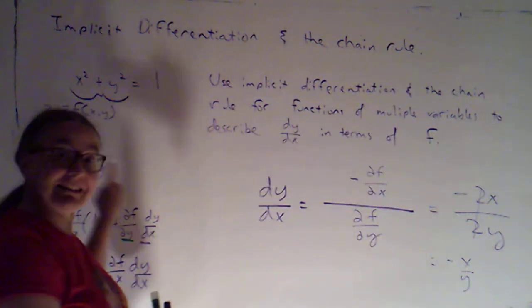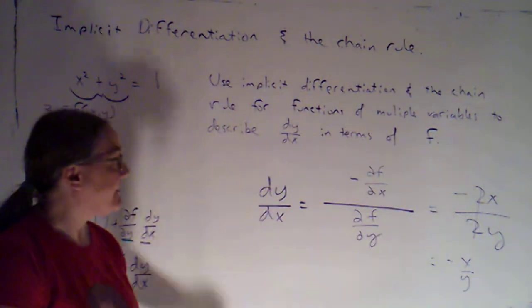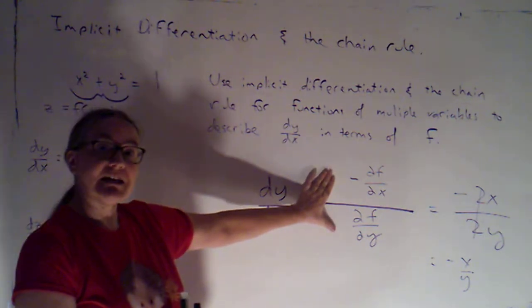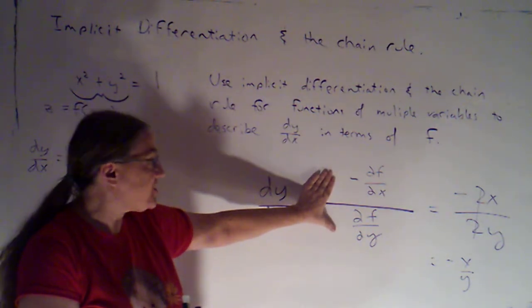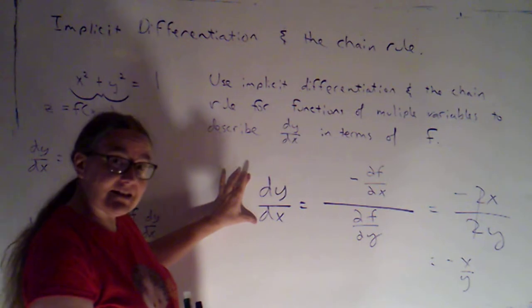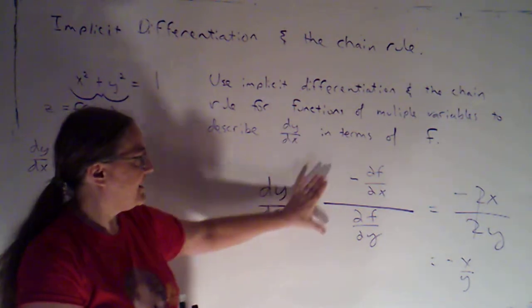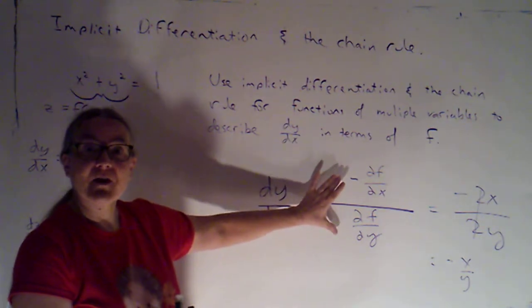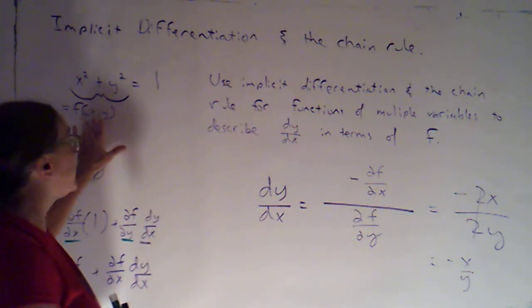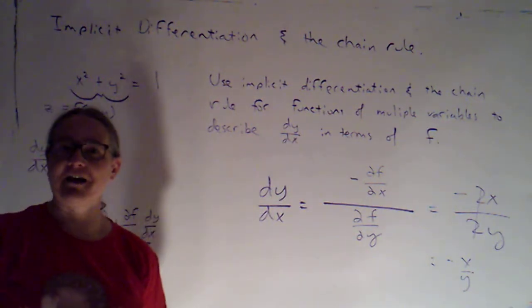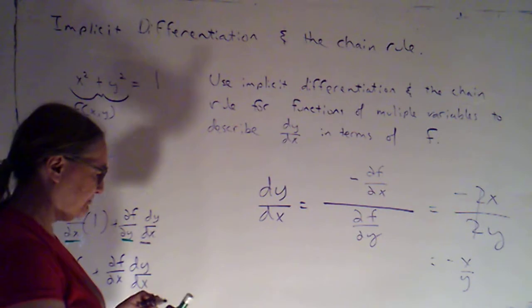And of course I can cancel those 2's and then I get negative x over y. So I get the exact same formula, but if I stop at this point, I can see the relationship that this derivative has to the function f, where I was working with a level curve for the function f. Very cool.